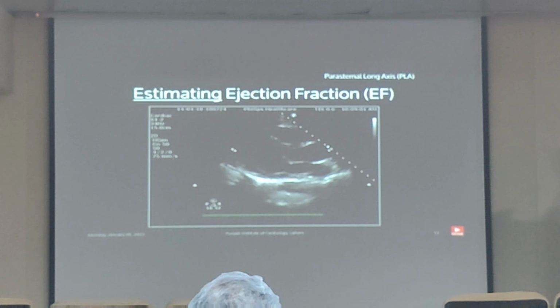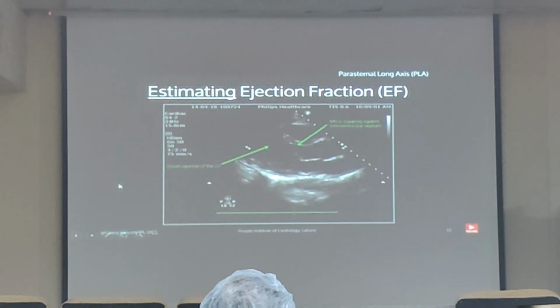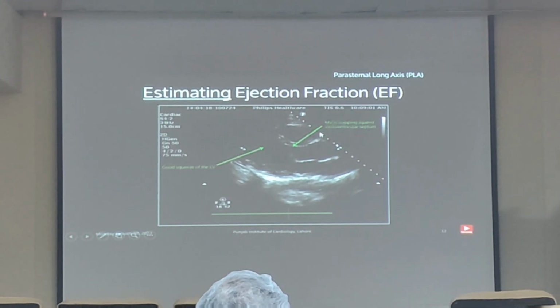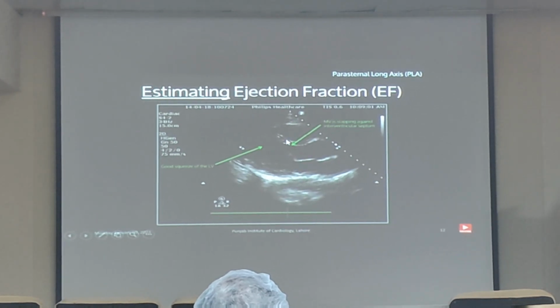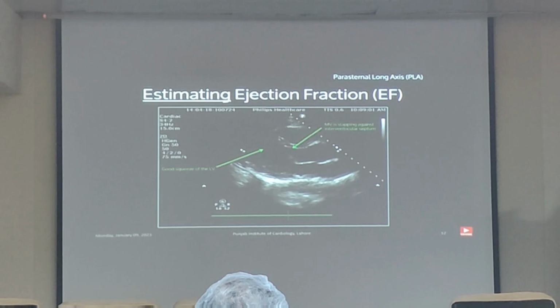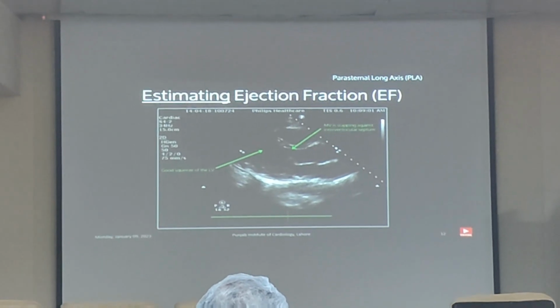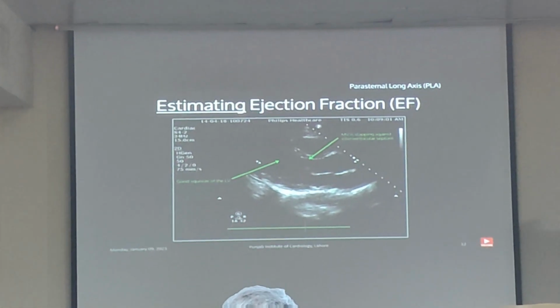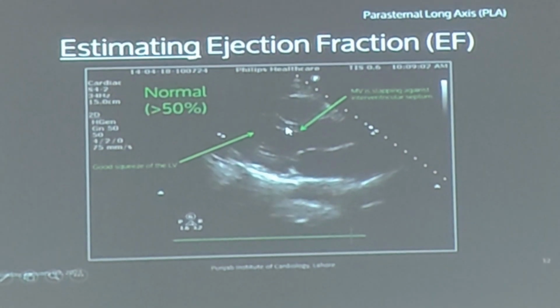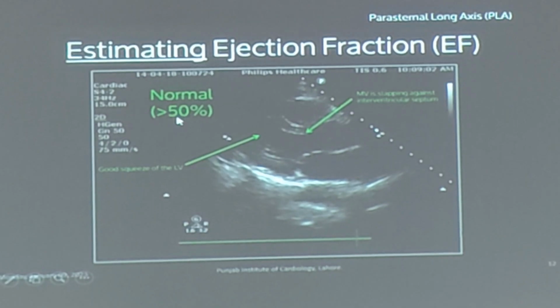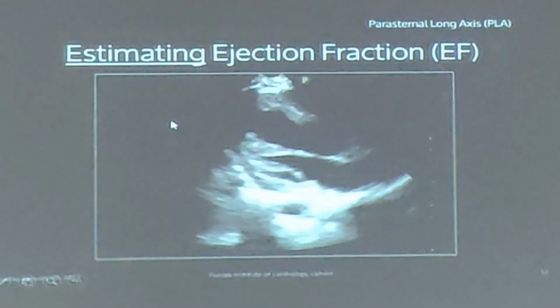If you look here, this is the mitral valve, and the mitral valve is slapping against the interventricular septum. If it is slapping very well and goes toward the interventricular septum, it means that the contraction of the IVS is very good, and the ejection fraction should be more than 50%.